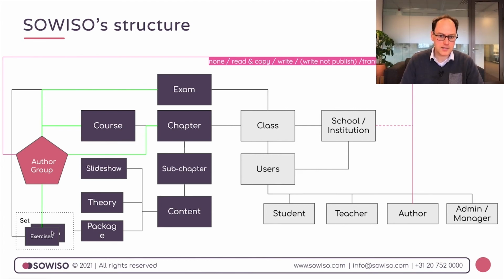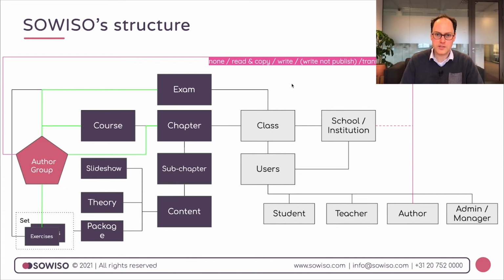The chapters are written by the authors, and they belong to an authoring group, as do the exercises and the exams, which means that all content items are somehow linked back to an authoring group. Then the way we set permissions in the system is that authors are also part of the authoring group, and there can be multiple permission levels. If the author doesn't have any permission, you won't see the content in the authoring environment.